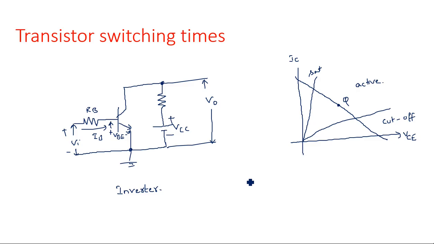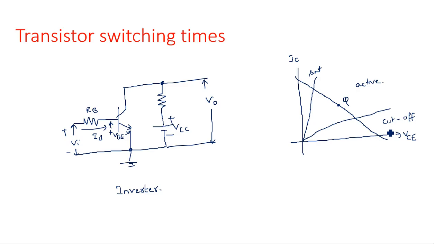I told you already in the last video, there are two junctions. If both the junctions are forward biased, the transistor is in saturation region. If the input junction is forward biased and the output junction is reverse biased, then it is in active region. And if both the junctions are reverse biased, then it is operated in cutoff region.